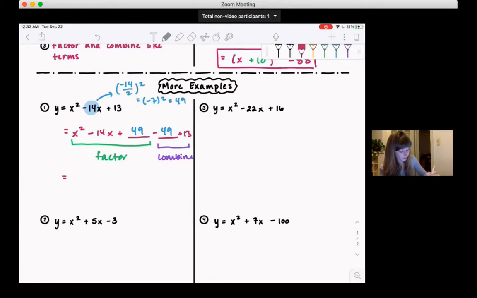If you do that, you should get x minus 7 times x minus 7. And then minus 49 plus 13 would give us minus 36.